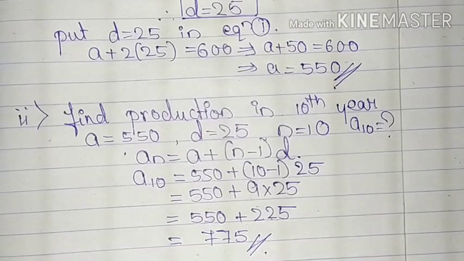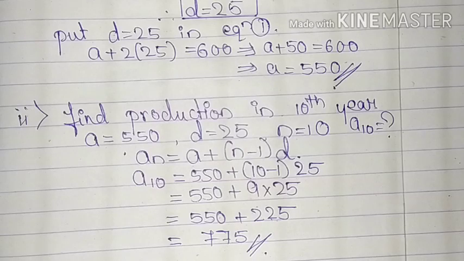So in the 10th year, the number of TV sets produced is 775.